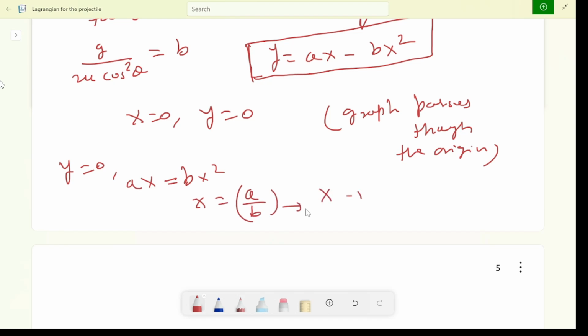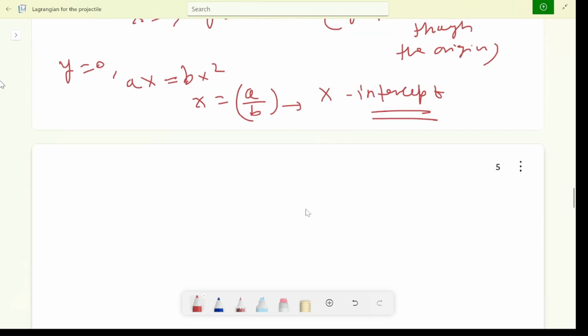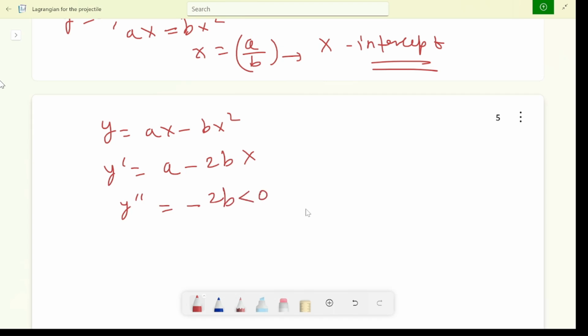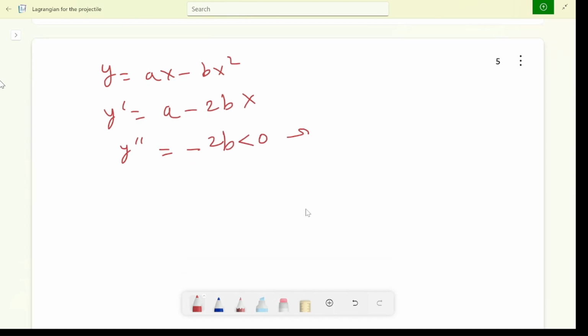This is the x-intercept where the graph cuts the x-axis. Taking the derivative of ax minus bx square, the first derivative is going to be a minus 2bx. The second derivative is going to be minus 2b, which is less than 0. So the graph is concave down.